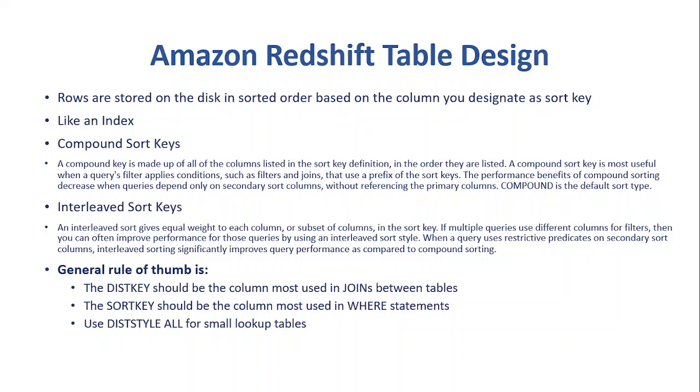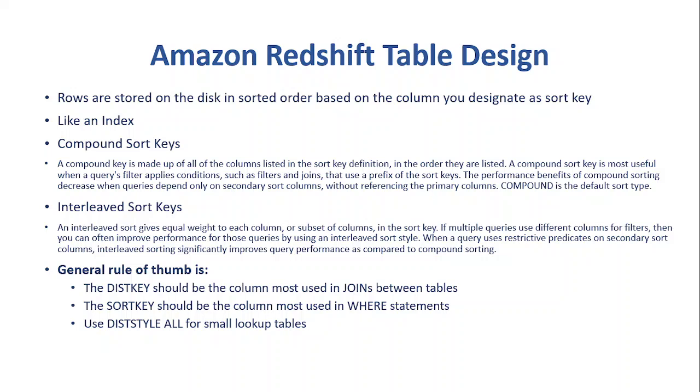A compound sort key is most useful when query filters apply conditions, such as filters and joins, that use the sort keys. The performance benefit of using a compound key decreases when a query depends on the secondary sort column without referencing the primary column. By default, compound is the sort key type.